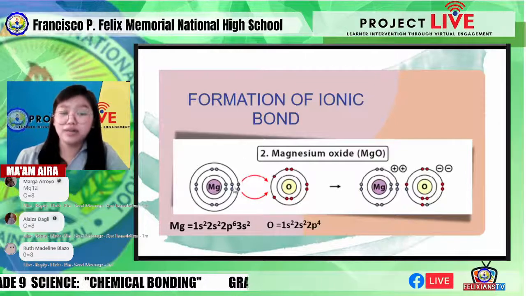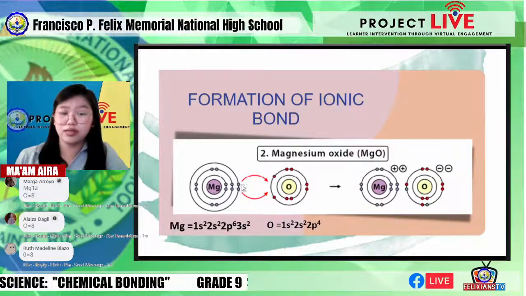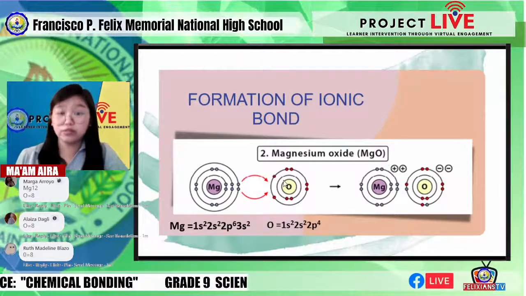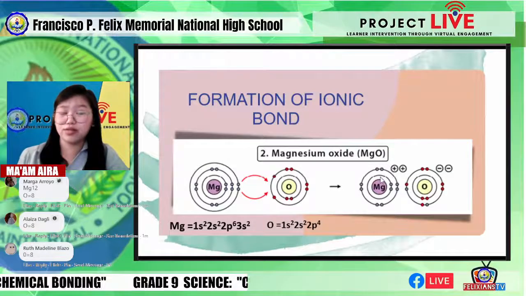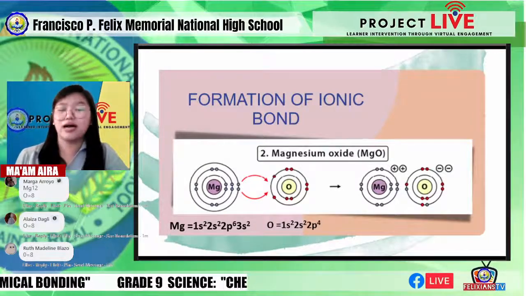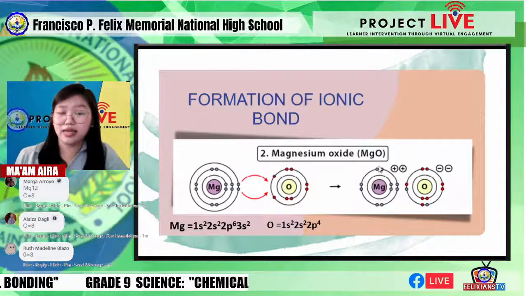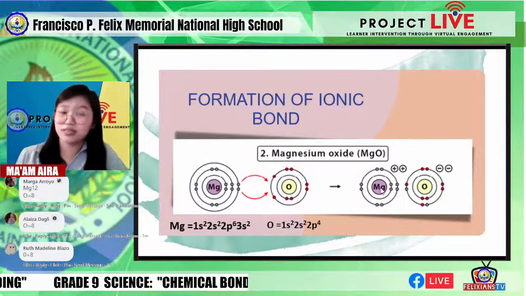So, ito, transfer ng Mg or ng magnesium atom yung dalawang electron niya to the oxygen atom for them both to become stable. For Mg, dahil na-transfer na niya yung dalawang electrons sa oxygen atom, magkakaroon na siya ngayon ng 8 valence electron. 2, 4, 6, 8. Therefore, stable.